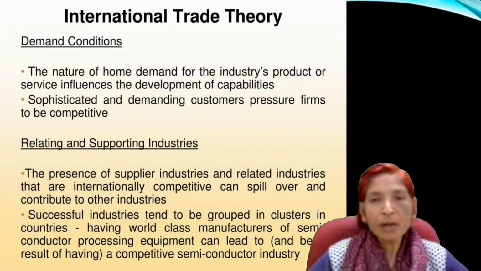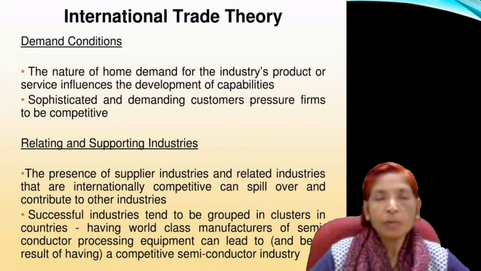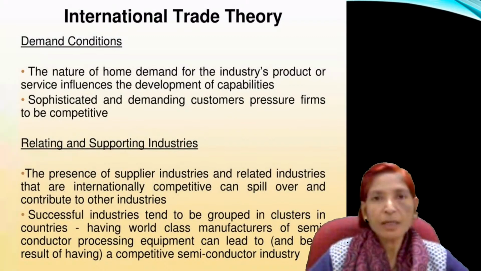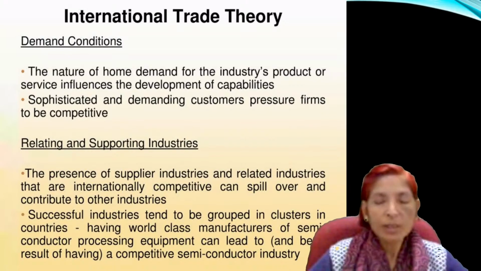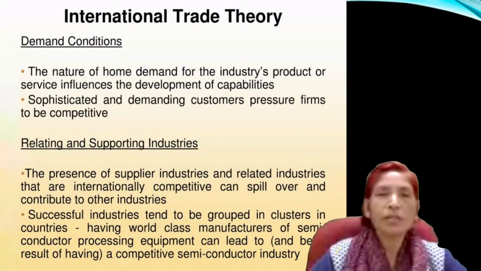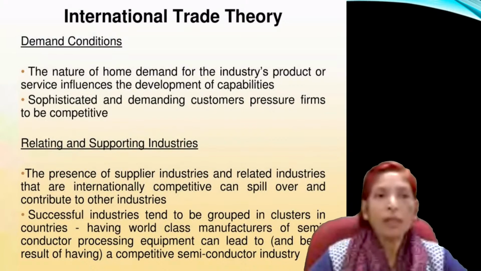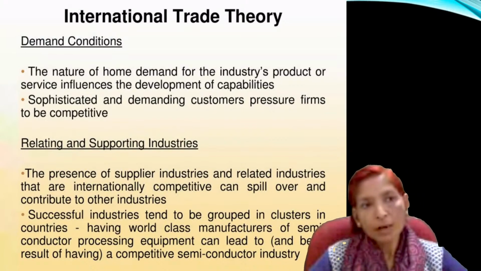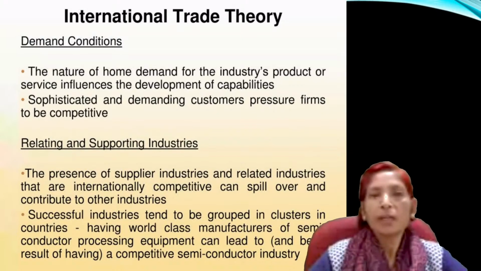If there is more demand for our country's product, then we can do more exports. If no demand exists all over the world, then how can we sell, how can we export our goods and services to the rest of the world? So demand condition means the nature of home demand for the industry's product or services influences the development of capabilities.